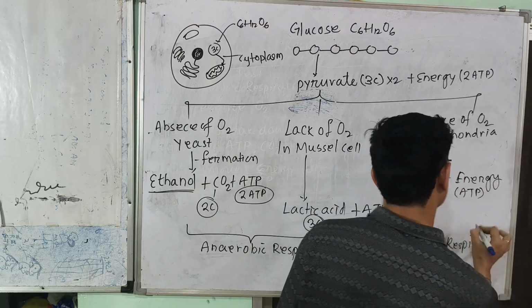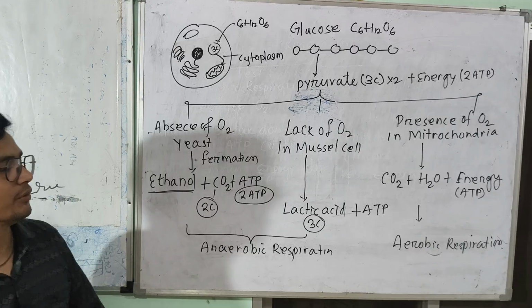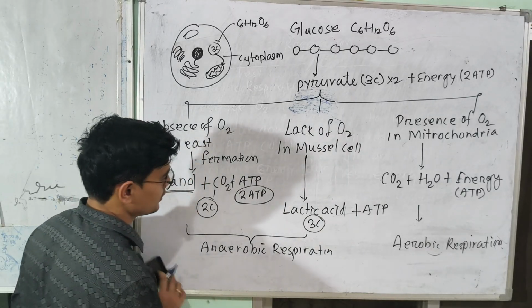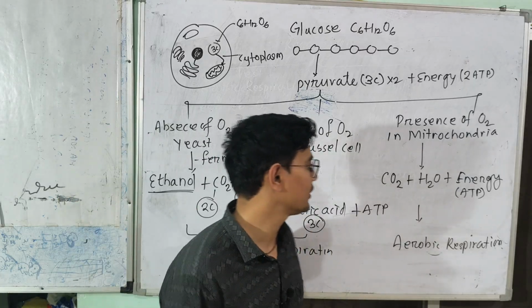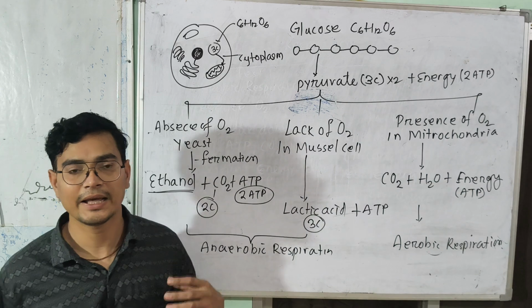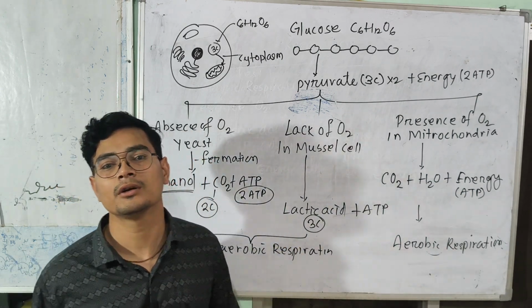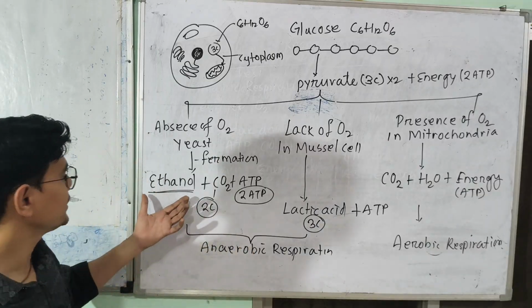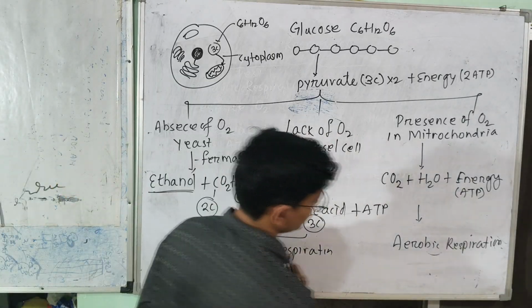Okay, do you understand? I hope you understand this. Next we discuss another question: in the absence of oxygen, what do we get? We get ethanol, carbon dioxide and ATP.